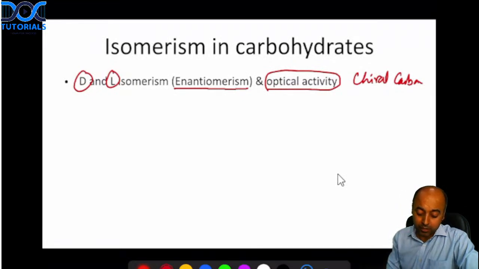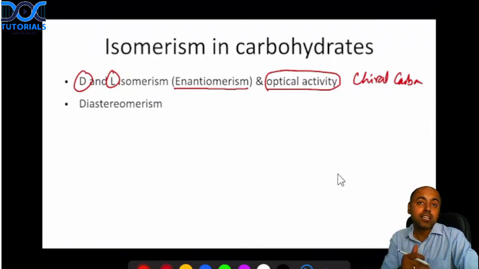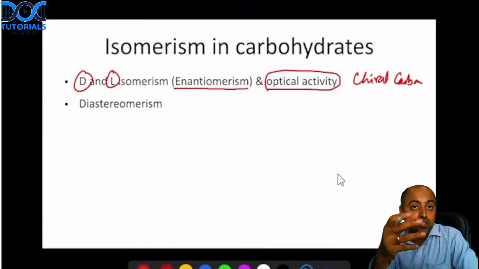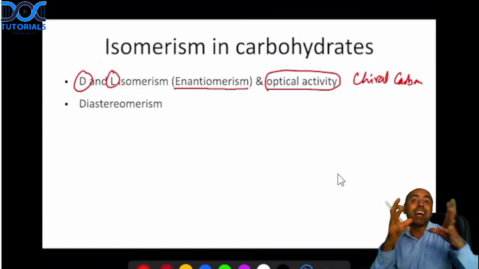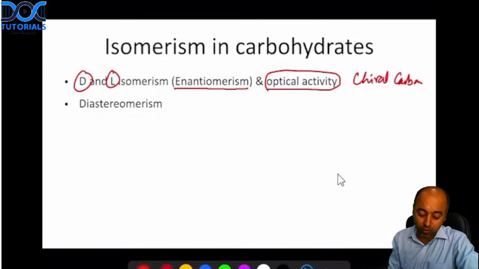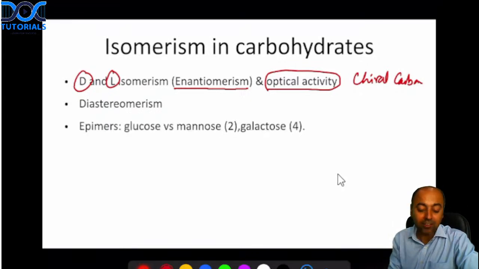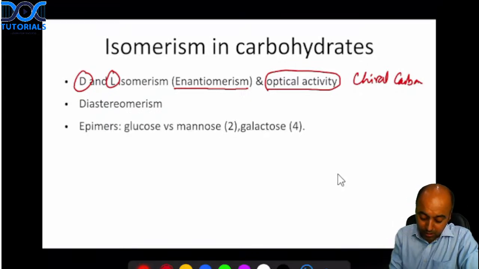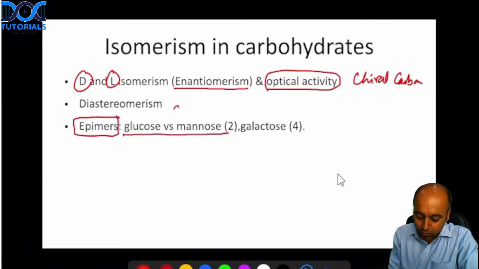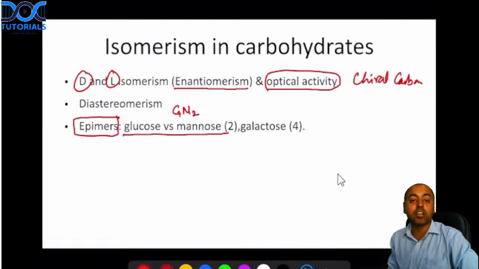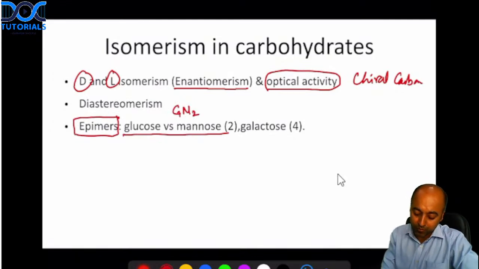Now we have the less important form, which is diastereomerism, where some similarity is there in the orientation around chiral carbon. And here we have epimerism. This is a very commonly asked question. Glucose and mannose are epimers at carbon 2, GM2.